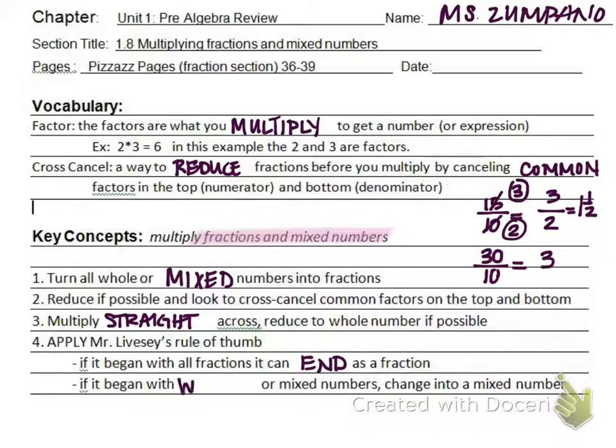If it began with mixed numbers or whole numbers, you're going to want to change it into a mixed number or a whole number if that makes sense at the end. So let's go ahead and take a look at a few examples. We'll have 4 examples that you will see completely done out and 3 to try on your own.